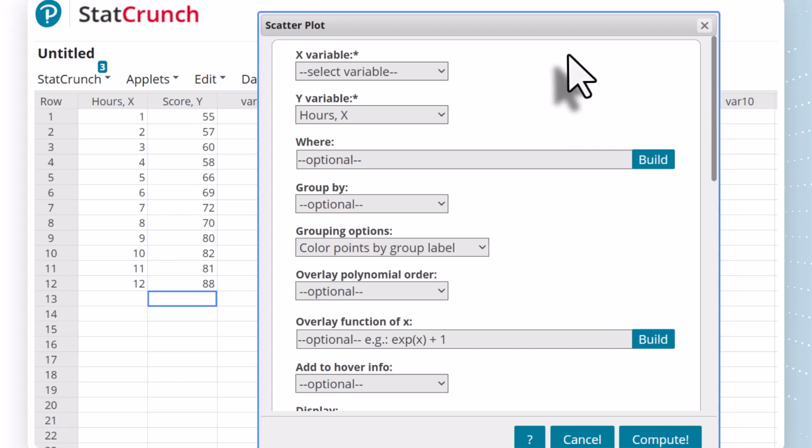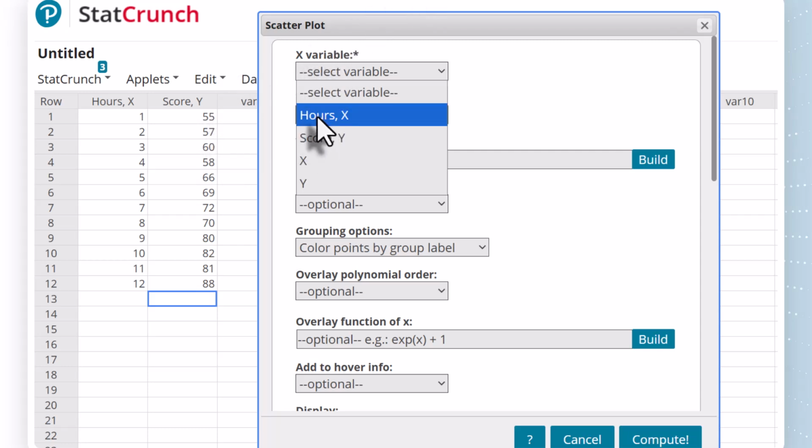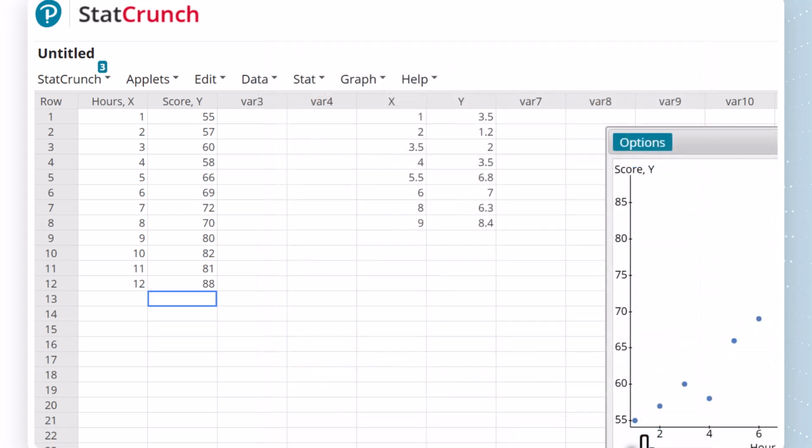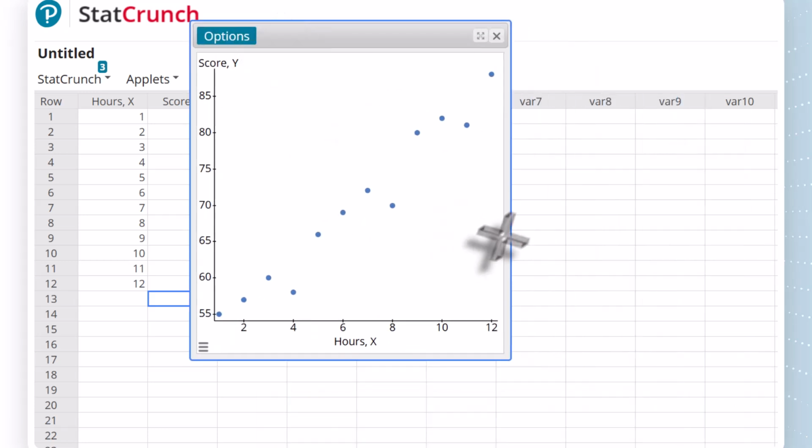Oops, the x variable is hidden. I haven't selected the x variable yet. So let me just select that. Select the x variable, which is the hours, the y variable, which is the score, and hit compute. And look.